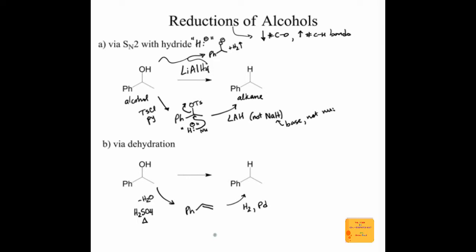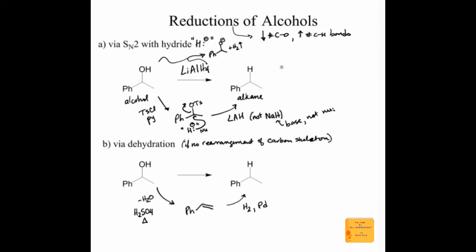So the dehydration is only going to work if there's no rearrangement of the carbon frame, of the carbon skeleton. Okay, and if that's the case, then this is another great way to do the transformation: dehydration followed by reduction.